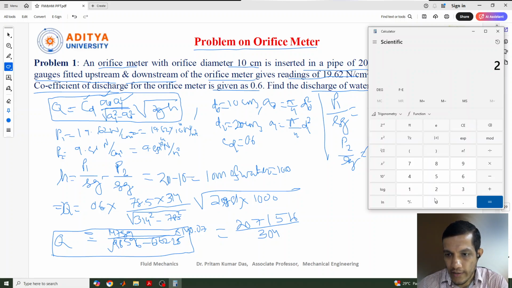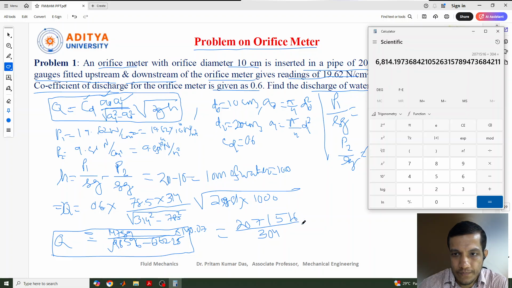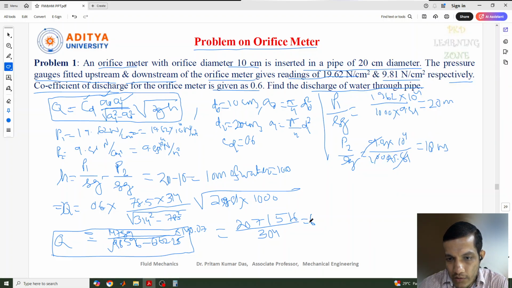So 71,516 divided by 304 gives 6814.19. So this is the discharge, centimeter cube per second.